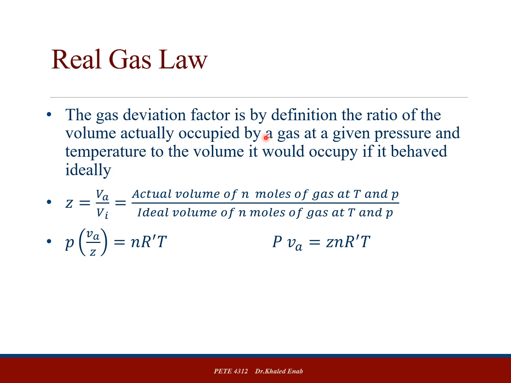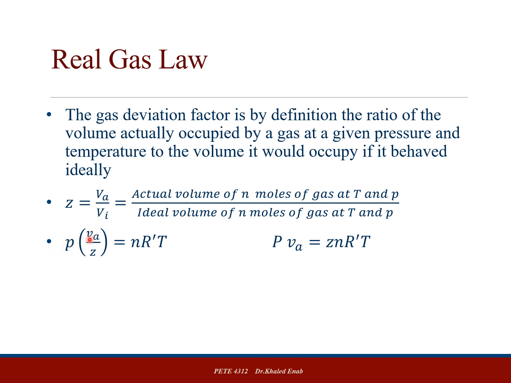The gas deviation factor is by definition the ratio of the volume actually occupied by a gas at a given pressure and temperature to the volume it would occupy if it behaved ideally. Z equals V actual divided by V ideal. Again, we're talking about the same amount of gas, the same number of moles.